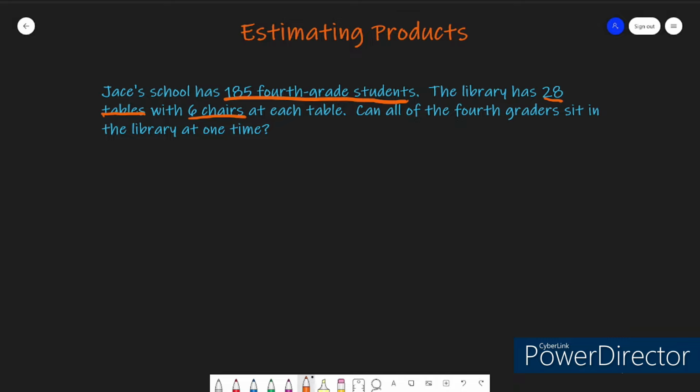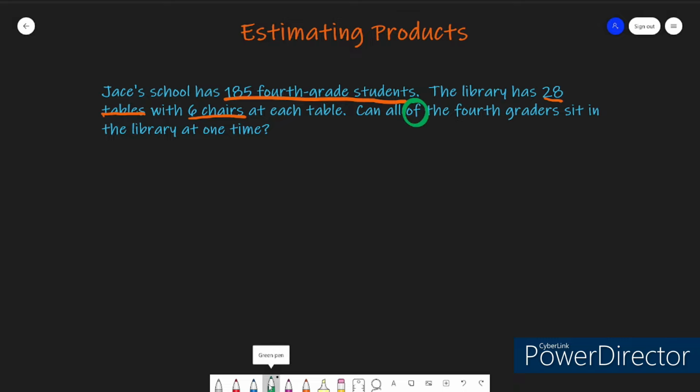Now the key question is, what type of problem is this? Is this an addition problem, a subtraction problem, a multiplication problem? Since this is a multiplication video, you can automatically assume this is a multiplication word problem. But there are keywords in word problems that tell you exactly what type of problem it is. And that keyword in a multiplication problem is the word of.